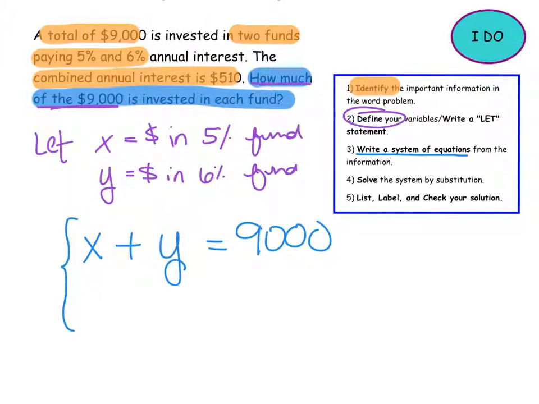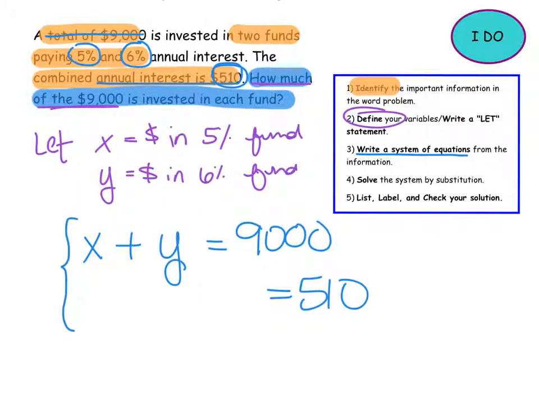The second part, so we talked about that total of $9,000. And then it says the funds pay 5% and 6% interest. And our annual interest all combined was $510. So we want something equaling that $510.